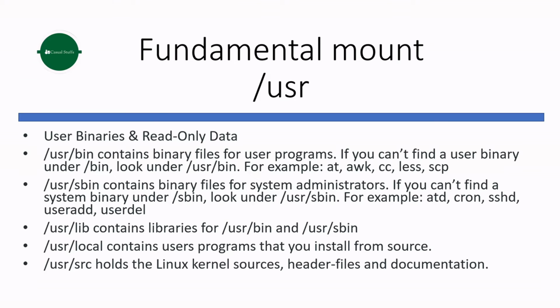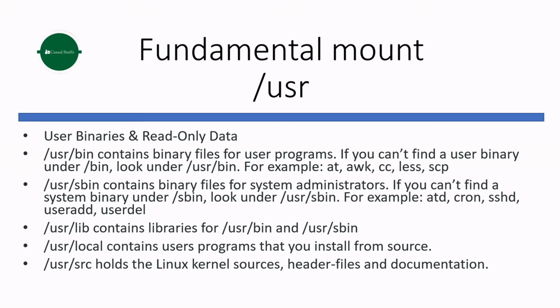Another directory is /usr/sbin, which typically contains system administration commands or binaries, like cron, sssd, useradd, userdel. This type of executable is found under /usr/sbin. Another is /usr/lib, which typically contains the libraries for /usr/bin and /usr/sbin.